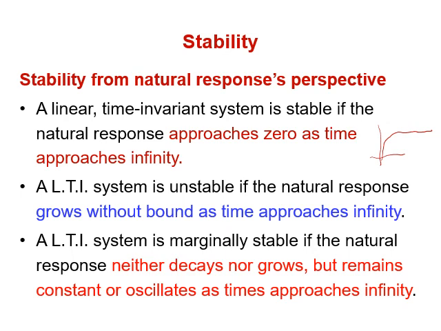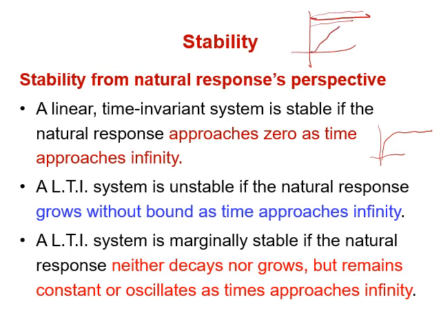If you consider the next one, again the linear time invariant system will be unstable if the bounded input results in unbounded output as time approaches infinity, which means if this is the input and the output is not, you see, having a certain boundary, it is going to be within a certain boundary.